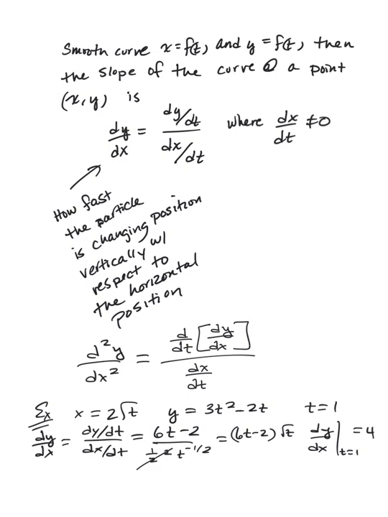Okay, so what does this mean? This means that the particle is moving with a velocity of 4 at t equals 1, right? All right, what that means is up to 4 times faster than to its right, okay?